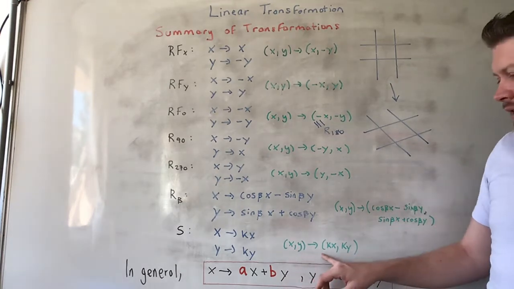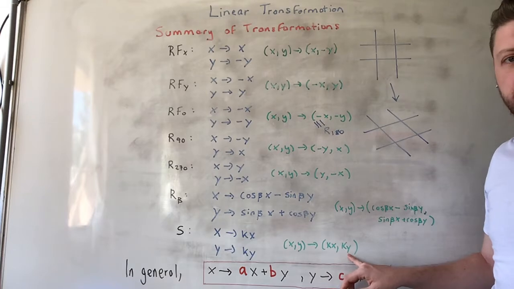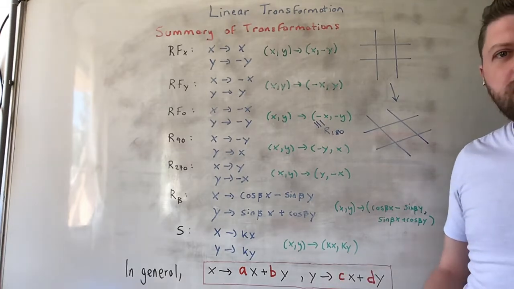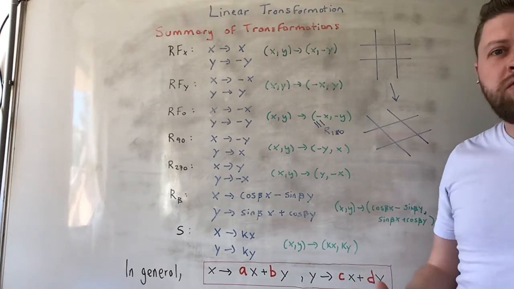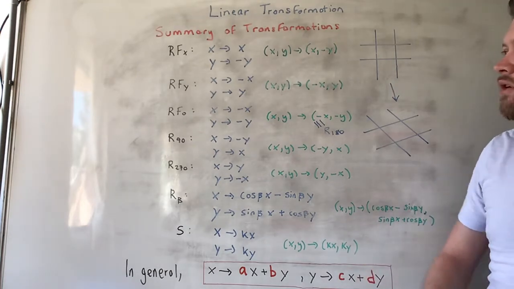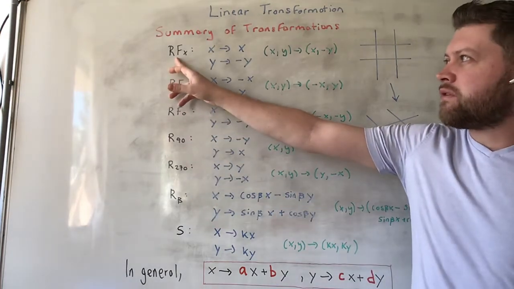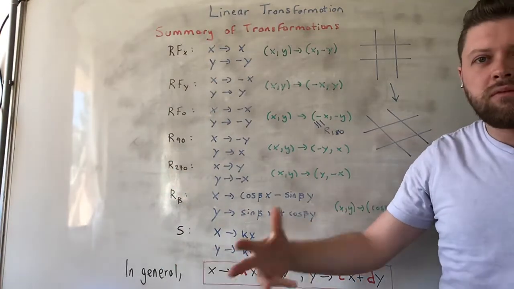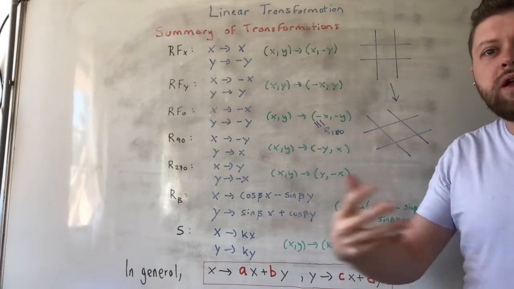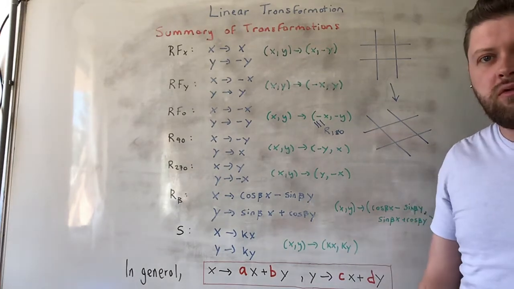So (x, y) goes to (kx, ky). But remember that all of these transformations, you could do several of them at the same time. So you could combine a reflection in the x-axis with a rotation of 90 and then a scaling transformation, for example. So you can get all sorts of combinations.